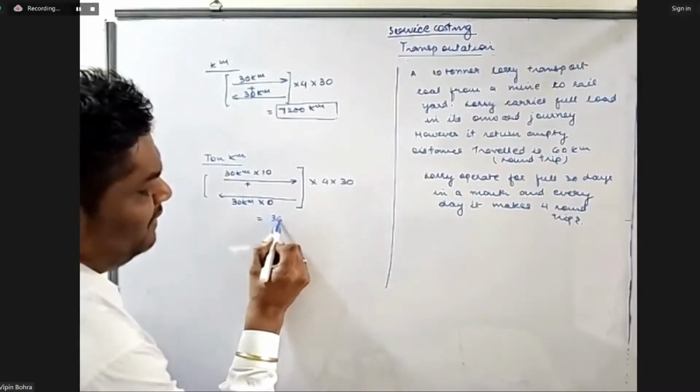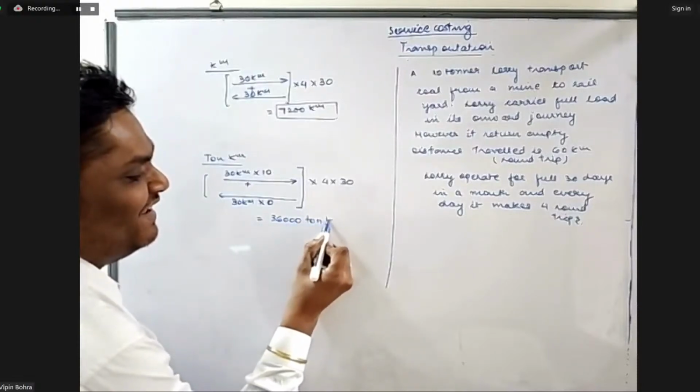So the correct answer will be 36,000 ton kilometers.